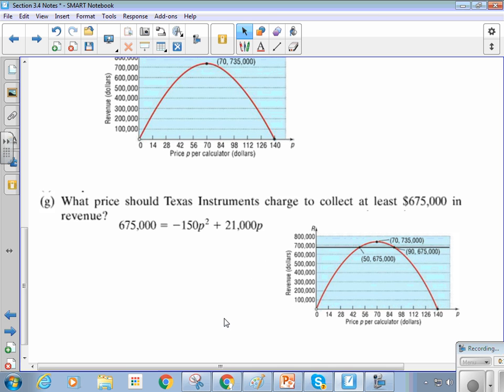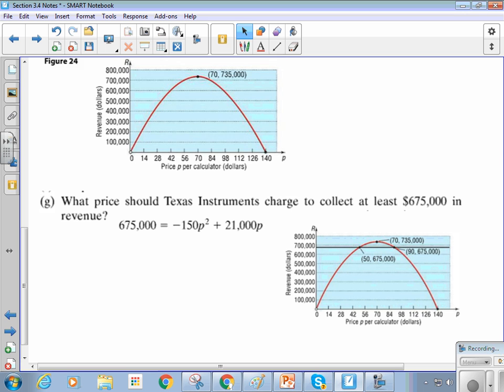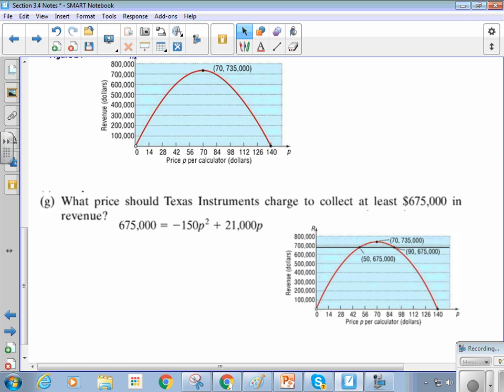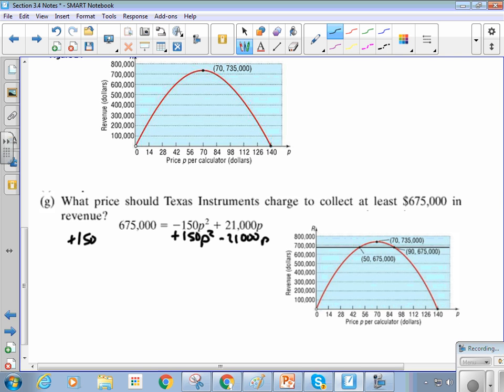There's that graph that goes with it. You can add this to your original graph if you would like, instead of drawing two graphs. But you look, can I divide? Let's make this into a pure quadratic. So I'm going to move everything over to this side.